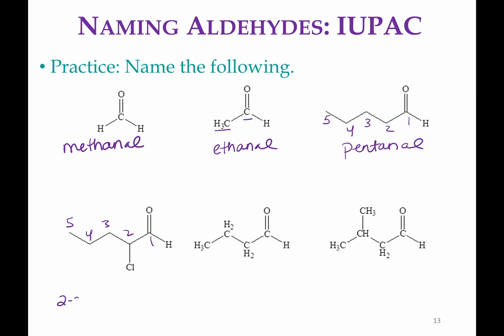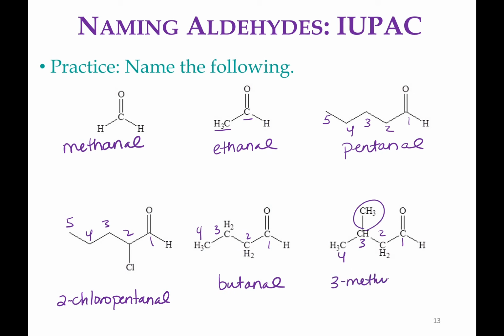So 2-chloropentanal. All right, here we have 1, 2, 3, 4. It would be butanal. And here we have 1, 2, 3, 4. We have a methyl group here. This would be 3-methylbutanal.